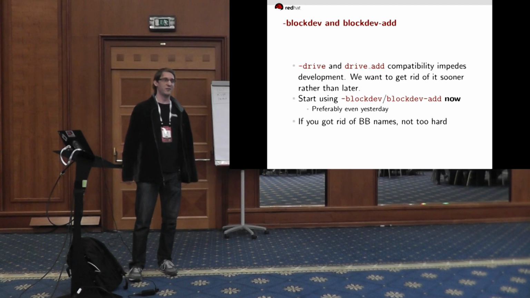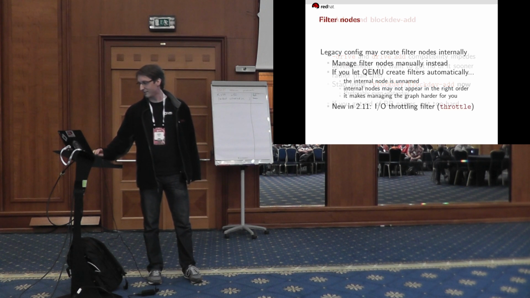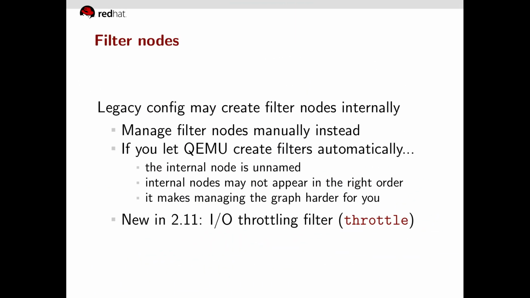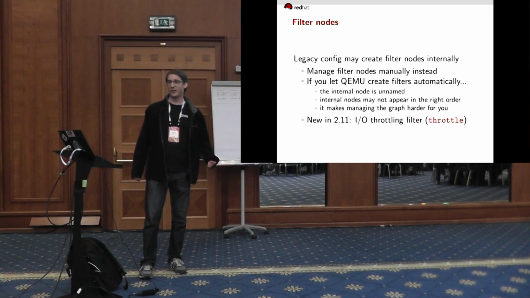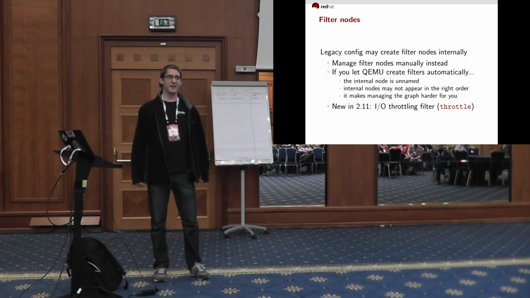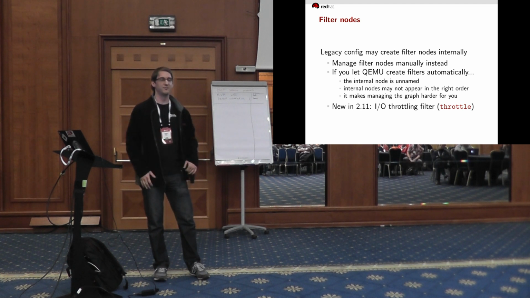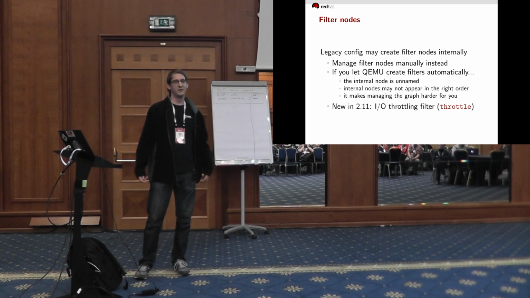Also, stop using -drive at all. Use blockdev instead. Filter nodes. We can get filter nodes automatically. Make sure that you manage them manually, because if you don't assign names, for example, manually, you won't be able to manage that part of the graph.